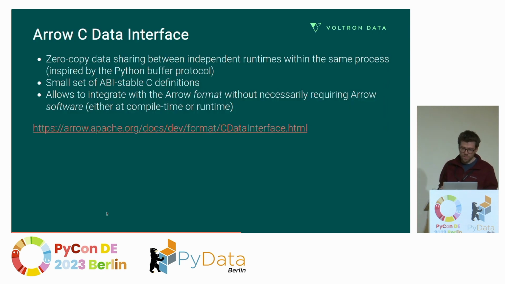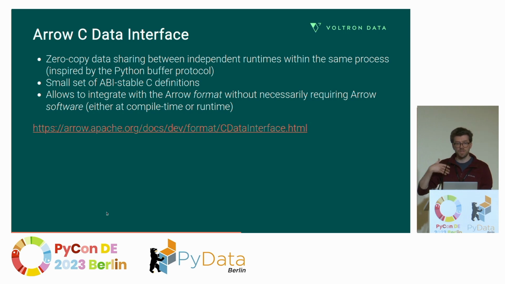And so how that works is through one of the specifications of the Arrow project, which is called the C interface. So it's meant for zero copy sharing of data between independent libraries, between languages within the same process so that they can share actual data. It's based on a few small C definitions.